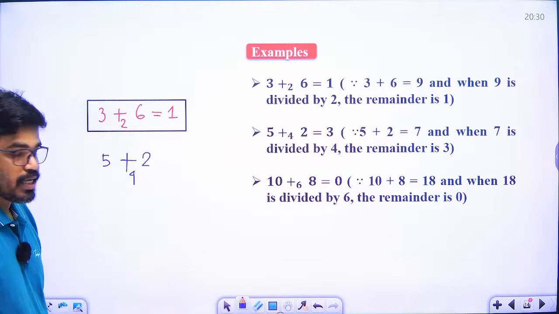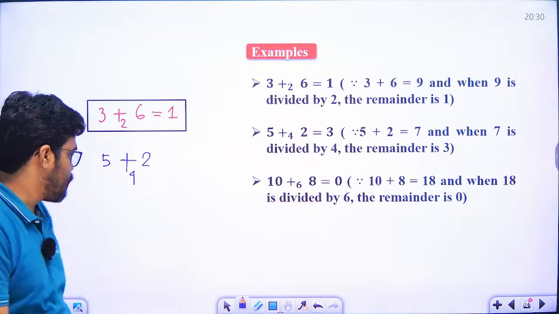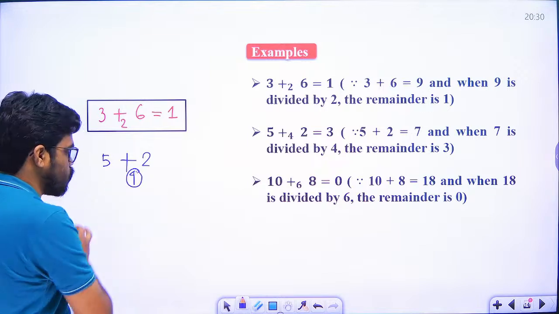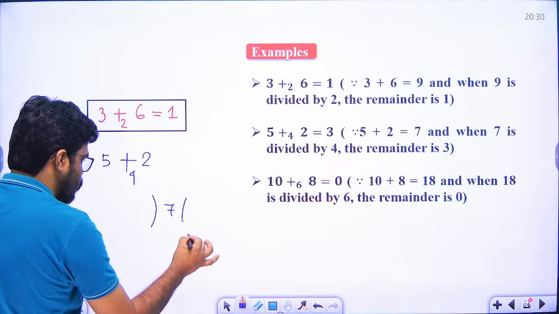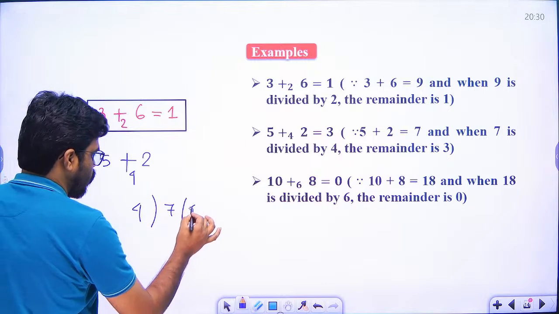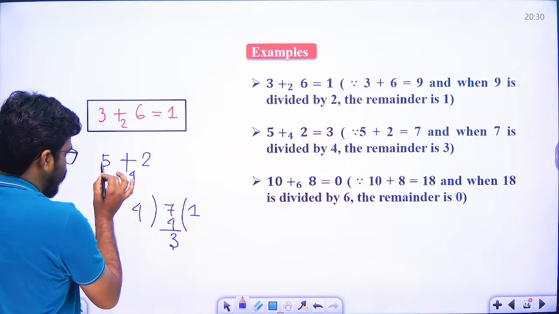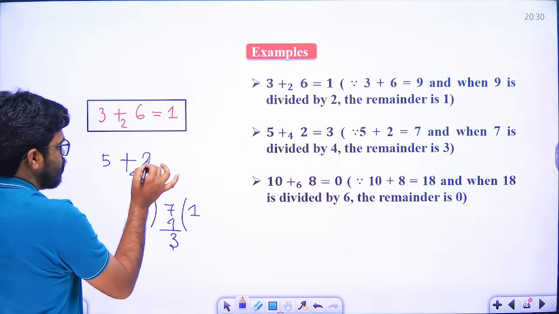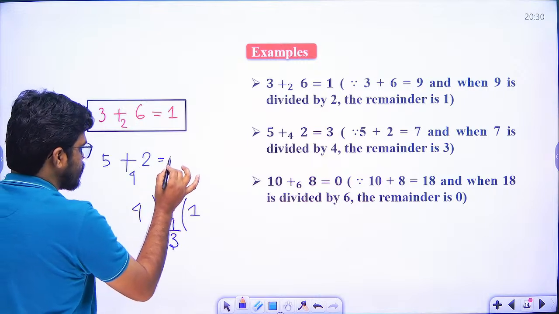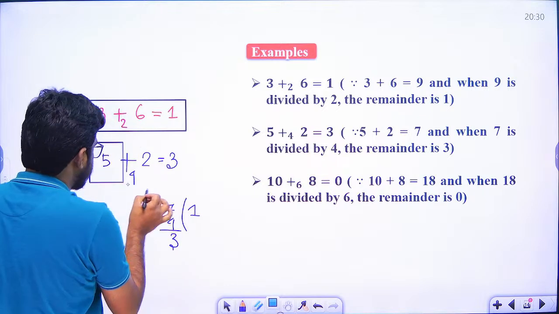What does it mean? 5 plus 2 is 7, and we divide 7 by 4, so the remainder is 3. So 5 addition modulo 4 of 2 will be basically 3. Clear? So this is a modular system.